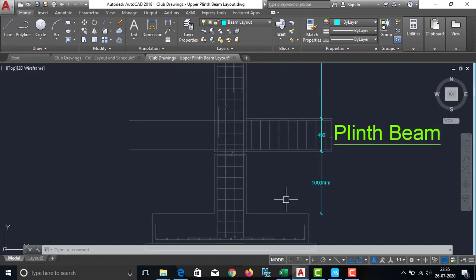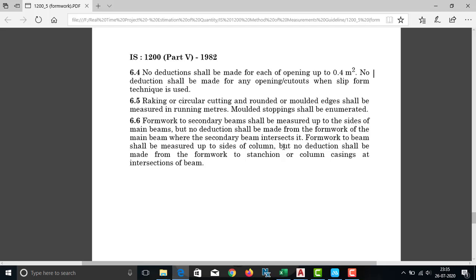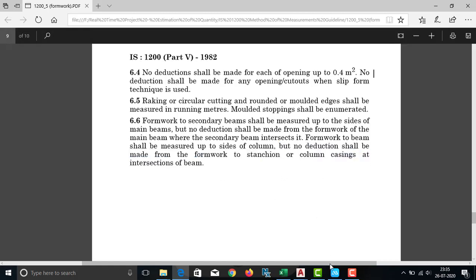So the column shuttering which I have to consider is from the top of this footing to the top of the beam, and I am not going to deduct the area of the beam which is intersected to the column, because that is what IS 1200 Part 5 clause number 6.6 says: no deduction shall be made from the form of column casings at intersections of beam.